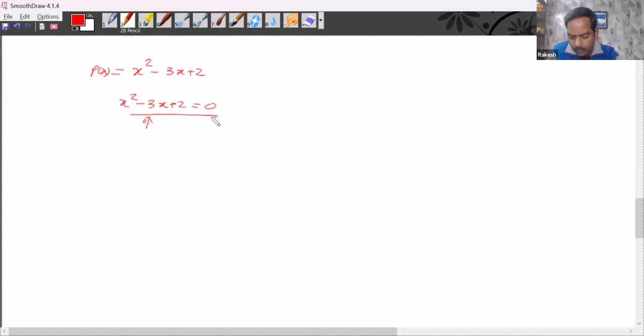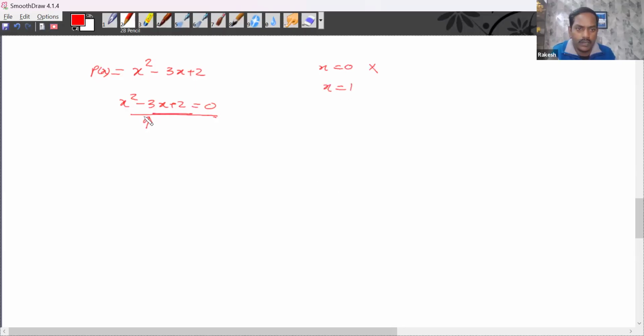For the time being, I'll not take a polynomial with a higher degree. We'll come to those kinds of polynomials also. This is called a quadratic equation. We'll deal with it at length later on, right? If you want to find the roots without using the actual formula and other techniques, we can start with the initial few values of x. It's clear that x equal to 0 is not making this expression 0.